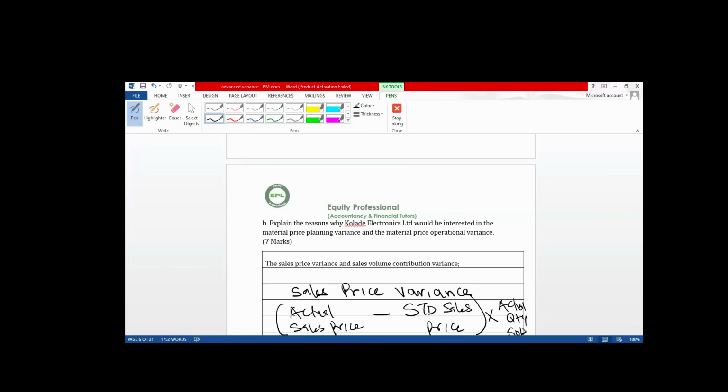Why the price operational variance? It compares a revised standard without errors with the actual material price. This can be used for performance evaluation.